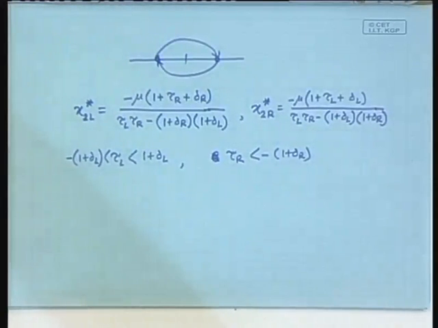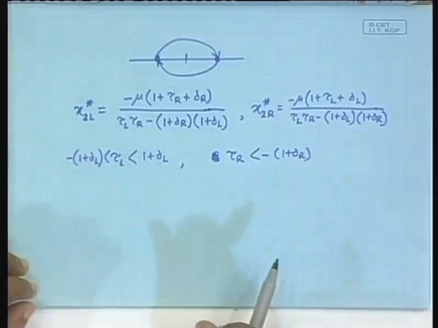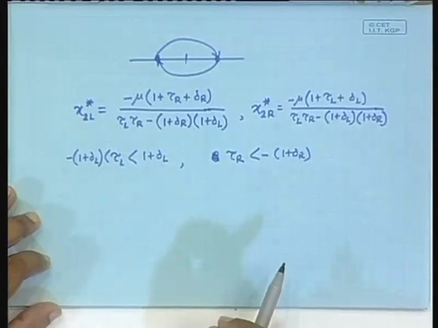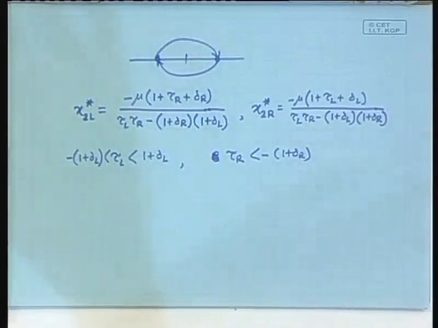Now let us look at the stability condition of this period 2 orbit. What is stability condition? When will this period 2 orbit be stable? You have to talk about its eigenvalue, right? And how would you obtain its eigenvalue?